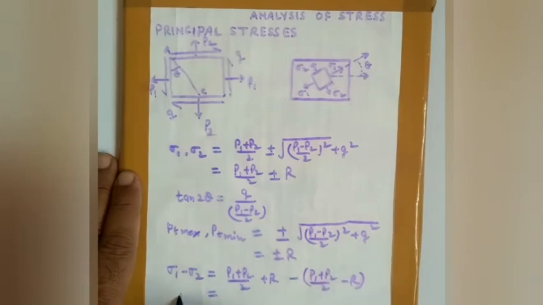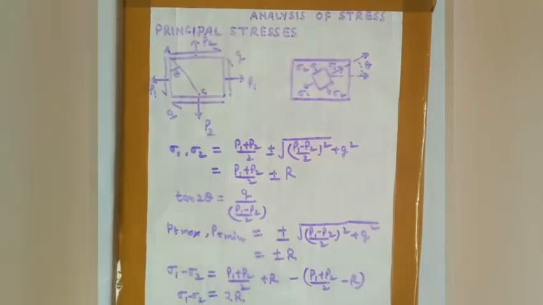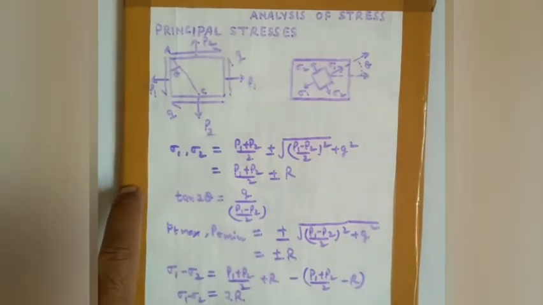Sigma 1 minus sigma 2 is equal to 2r, or we can say (sigma 1 minus sigma 2) by 2 is equal to r. And we also see that pt max is also equal to r. So we can write (sigma 1 minus sigma 2) by 2 is equal to r is equal to pt max.